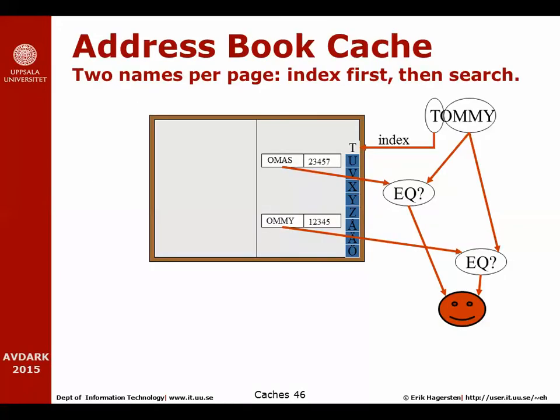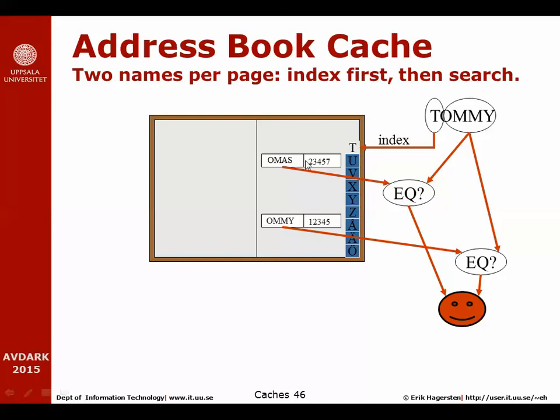So what we want to do really is to increase the associativity of the cache. And increasing the associativity is the same thing as if you allow more than one name in your address book. So let's say that you allow 2 names per page in your address book. That means that both Tommy and Thomas telephone numbers could reside in this cache at the same time.